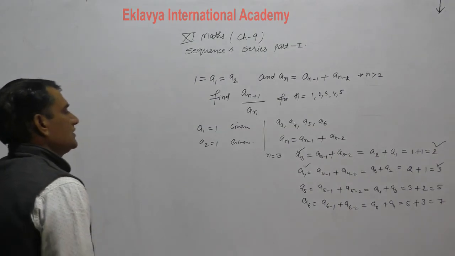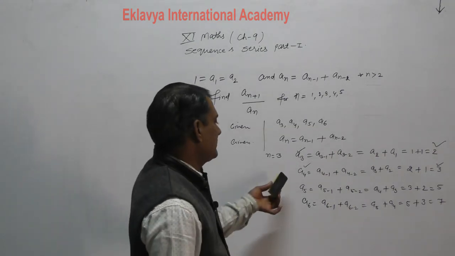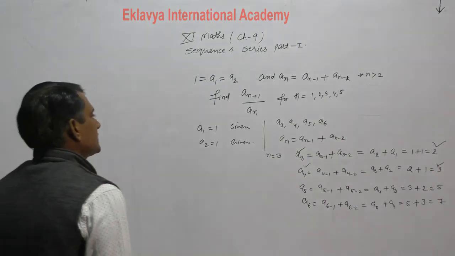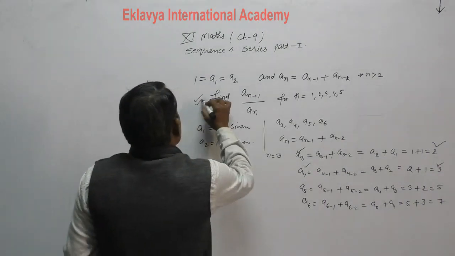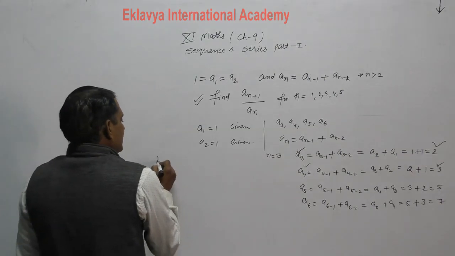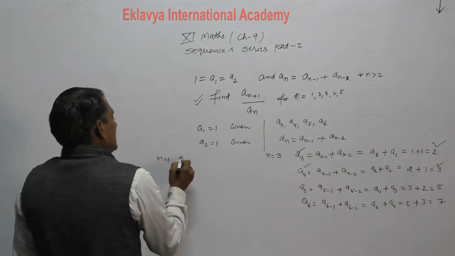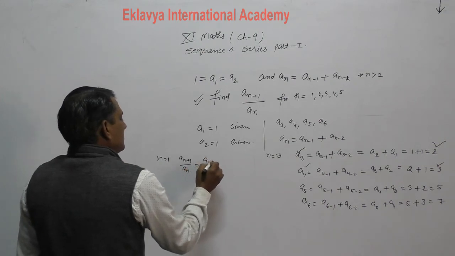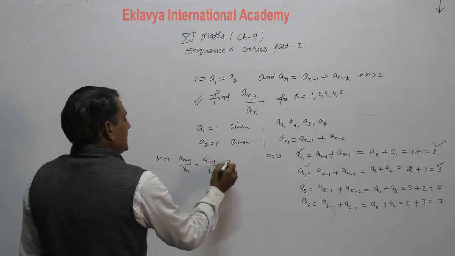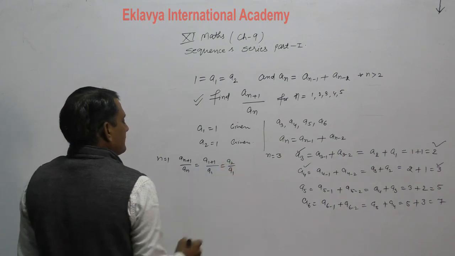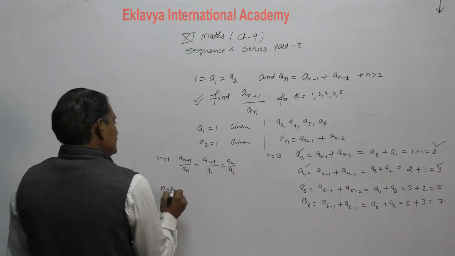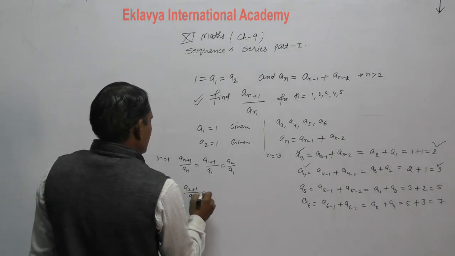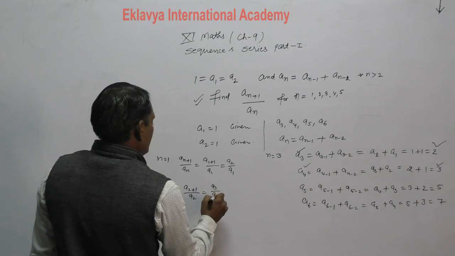Now these specific terms we have calculated by the given sequence, now the ratios are to be found. Whenever n is 1, an plus 1 over an will return a2 over a1. For n is 2, this is a3 over a2.